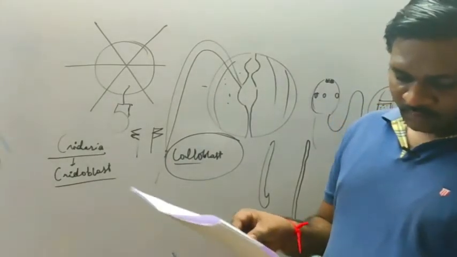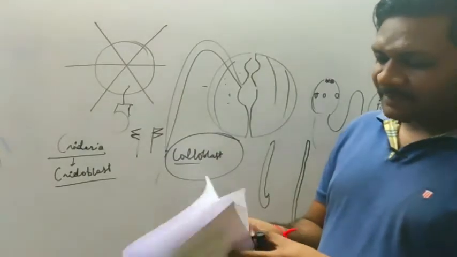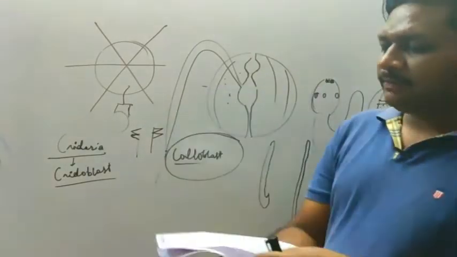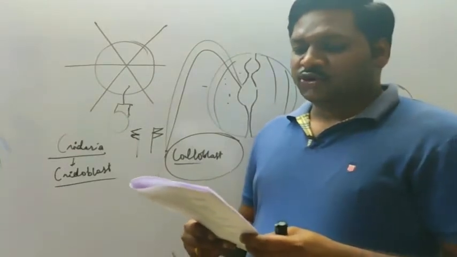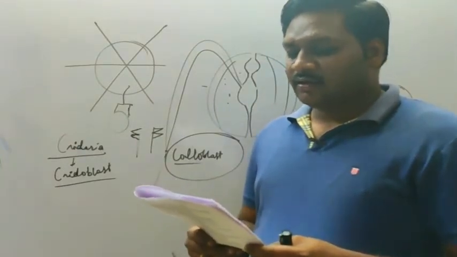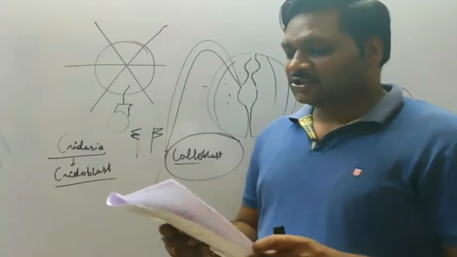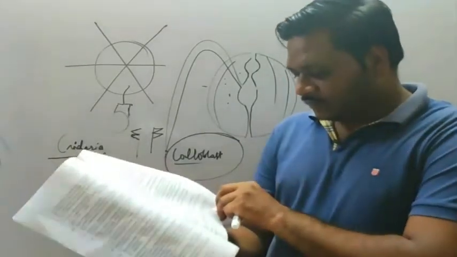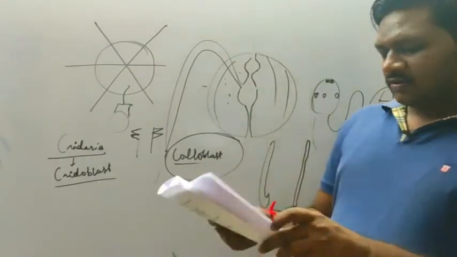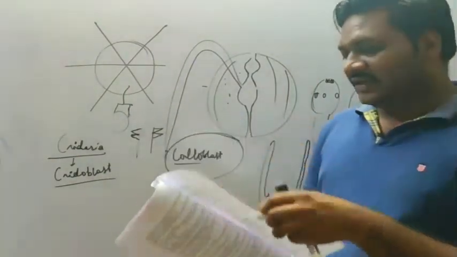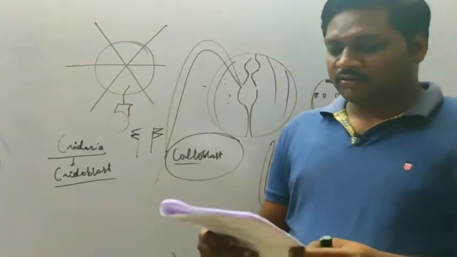Then ambulacral grooves are absent in. Options are given: Asteroidea, Crinoidea, Ophiuroidea and starfish. So the question was about ambulacral grooves. They are absent in case of Ophiuroidea.